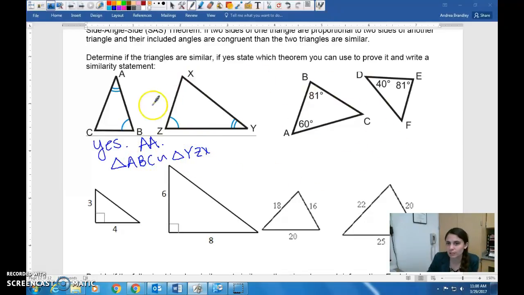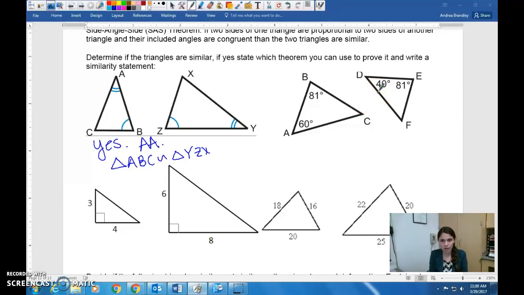This one, very similarly to this one, we can also prove are the same, but in order to do that, we need to find this third angle. So I know the 81s are the same, but this is 60 and this is 40, so I need to figure out if these angles are the same. But I can do that because I know that triangles add up to 180 degrees.